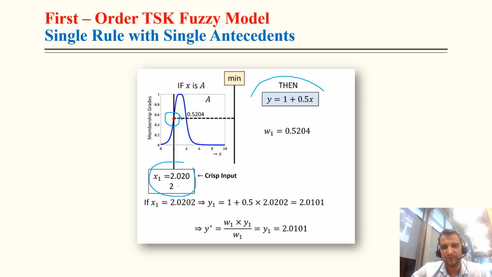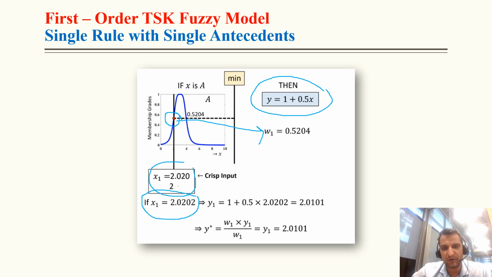our value y is equal to 1 plus 0.5x. As it is, this will be our value of w1, and x1 is known to us, and what will be the value of y1? So y1 will be equal to 1 plus 0.5 and x.